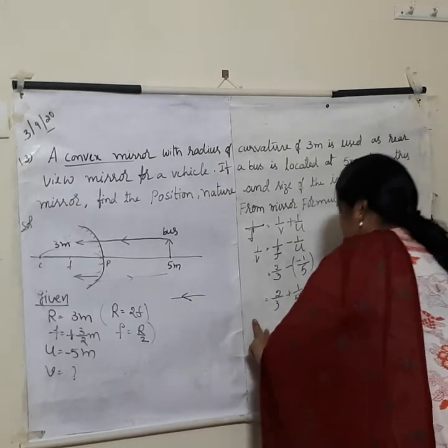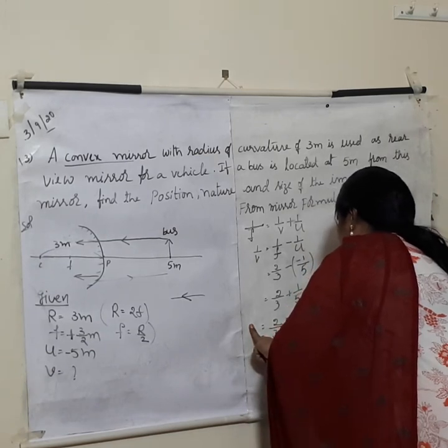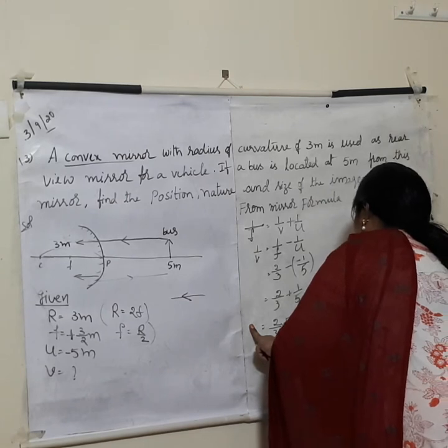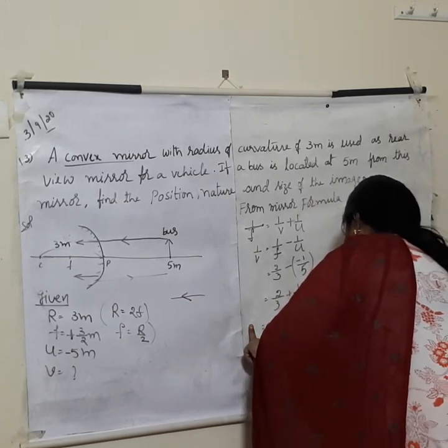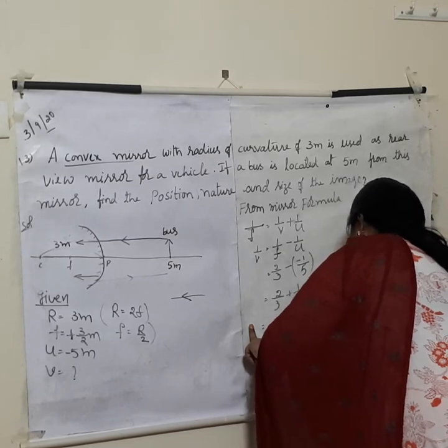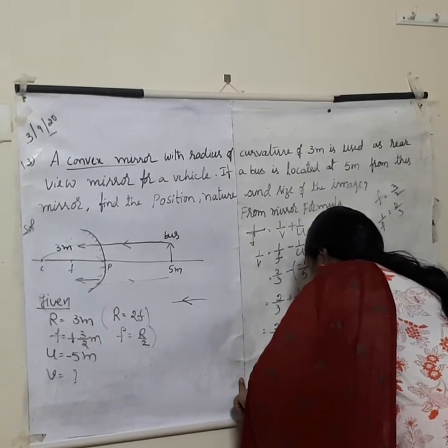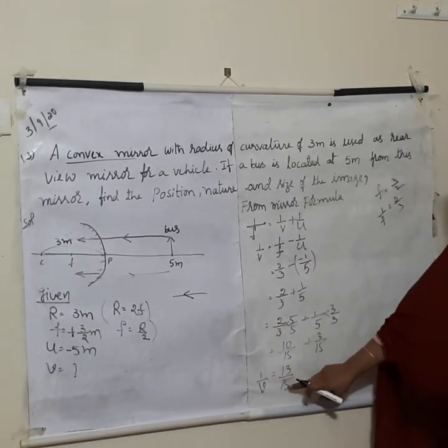So directly you simplify this. 2 by 3 into 5 by 5 plus 1 by 5 into 3 by 3. 10 by 15 plus 3 by 15. Then it becomes 13 by 15. This is the 1 by V value.